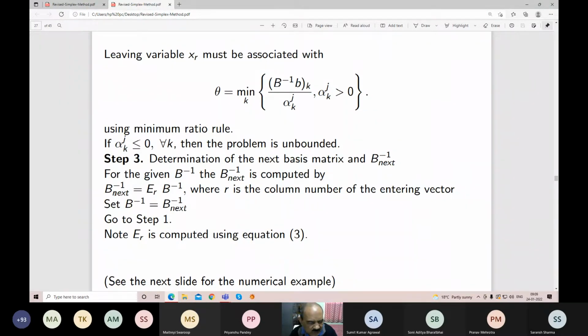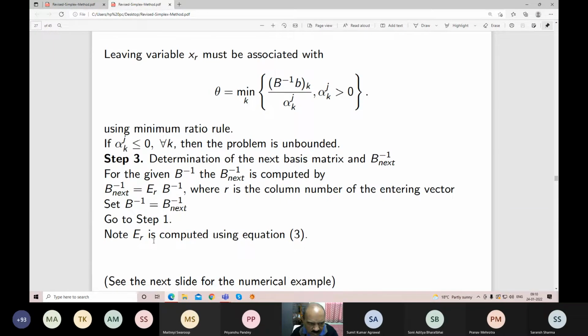B next inverse equal to ER into B inverse, where R is the column number of the entering vector. Then we set B inverse equal to B next inverse, and then go to step 1.